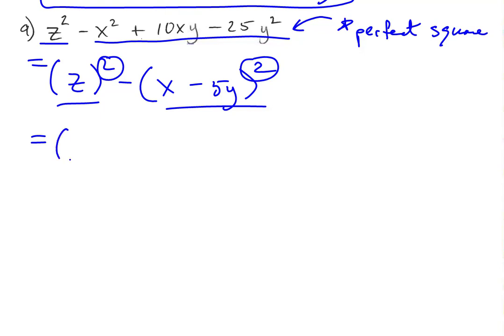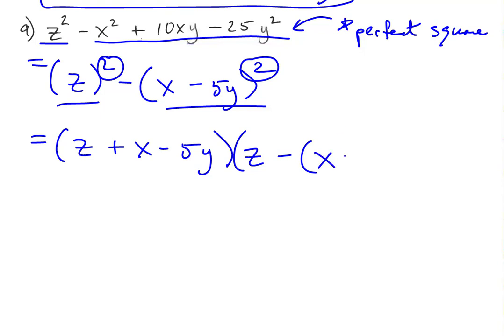So we'll go ahead and just finish by writing out that formula, which is first plus second, first minus second. So that's z plus x minus 5y, there's first plus second, times first minus, so z minus. But now again, after a minus sign, we have to put parentheses, so be careful. We have to have the x minus 5y, the second part of this, in parentheses, so that we remember to distribute the negative sign in front of them.